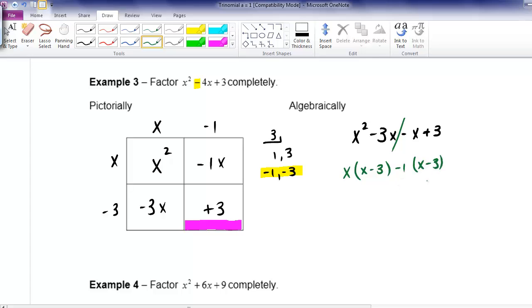So here's the tricky thing with algebra. If I broke this apart right here, I can write this as negative 1 times x plus 3. Well, that's not too useful because I don't see a common factor. But if I rewrote it like this, positive is a negative times a negative.